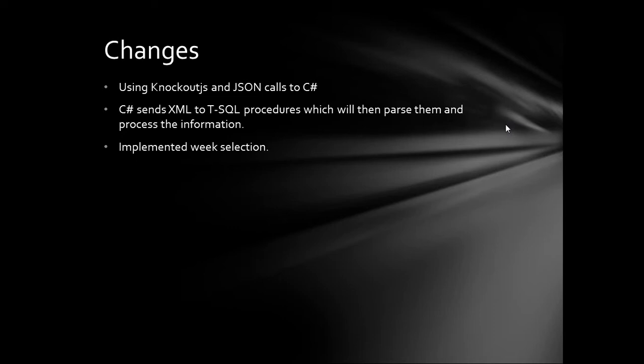It's sort of like XML, except it takes up less space. And I'm also using XML to communicate with my T-SQL procedures. At the moment, there's not much of a gain from using XML with my T-SQL procedures.